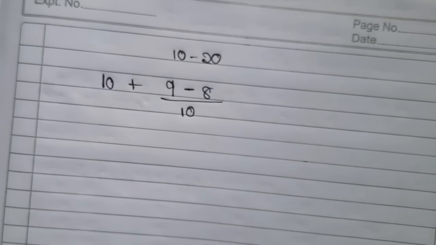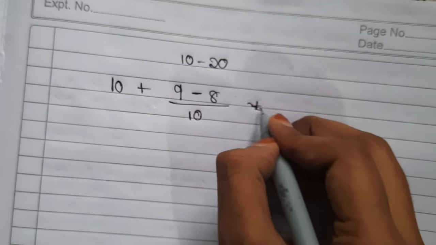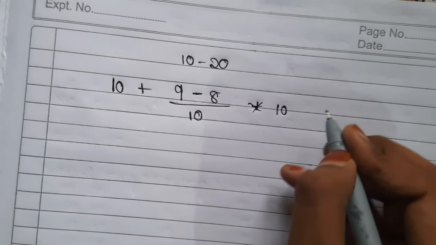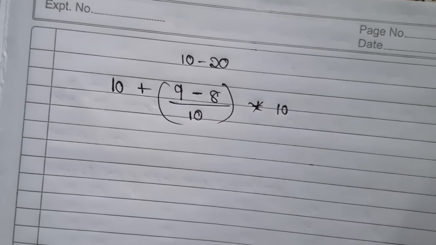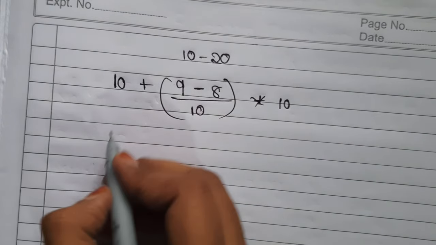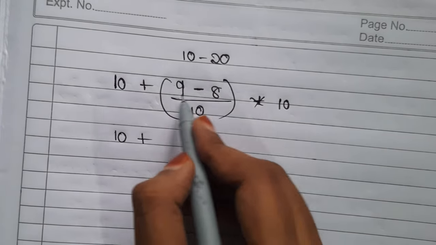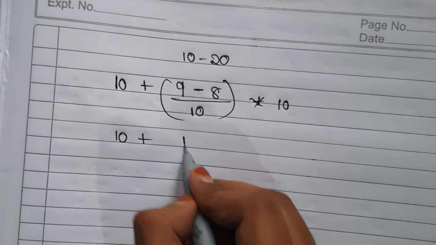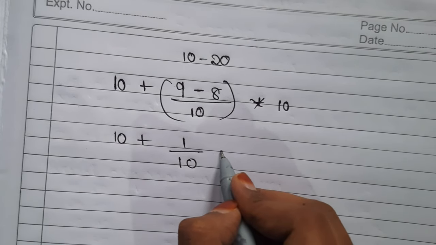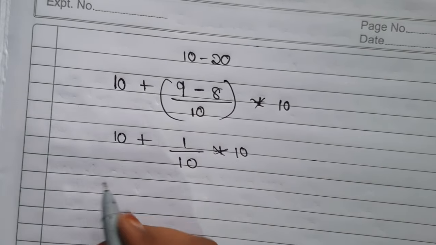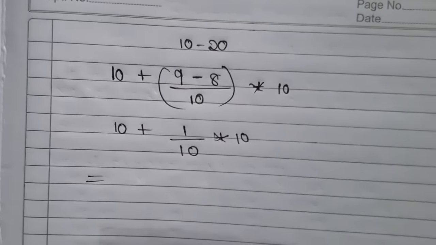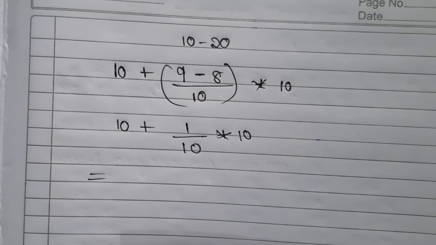Now multiply by I. I, how much is it? Gap 10. So we will be doing this calculation. 10 plus 9 minus 8, it is 1 by 10, multiply by 10. Do this calculation, how much are you getting, tell me in the comment section. 10 plus 1 divided by 10 into 10. How much is it?